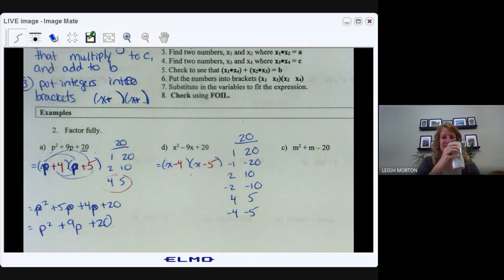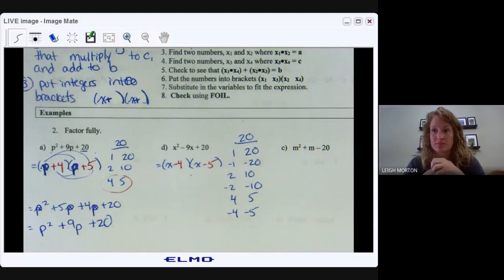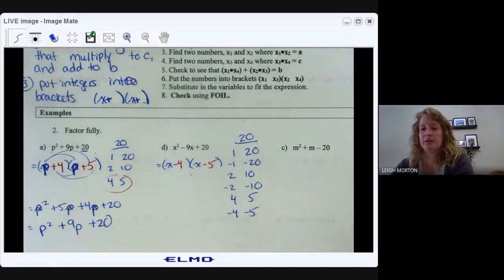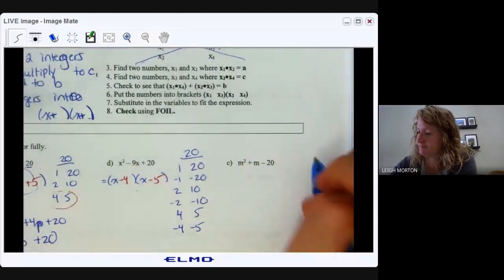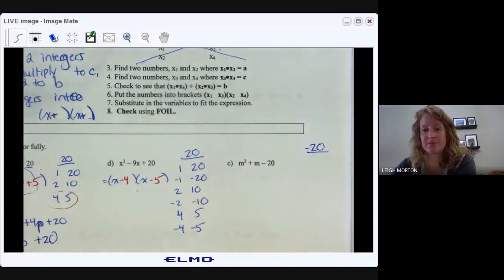Apparently, we just used a lot of 20s on this one. So you're working away, but so am I. This time I need to multiply to negative 20.